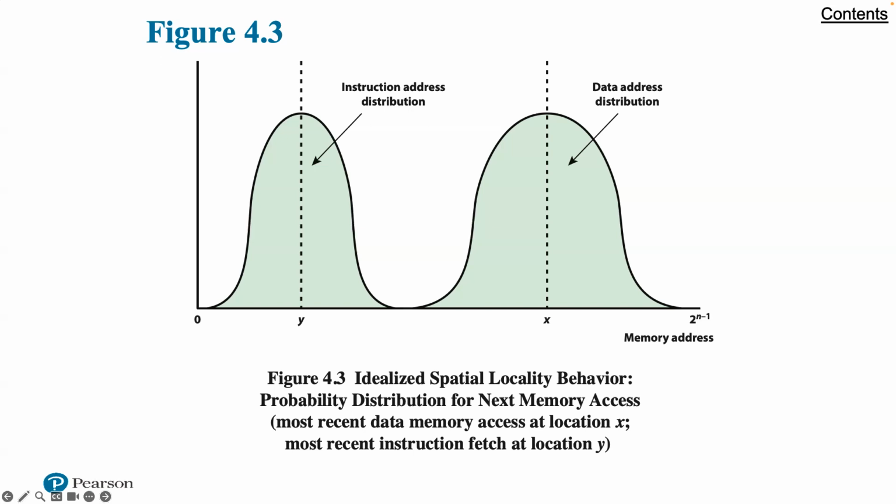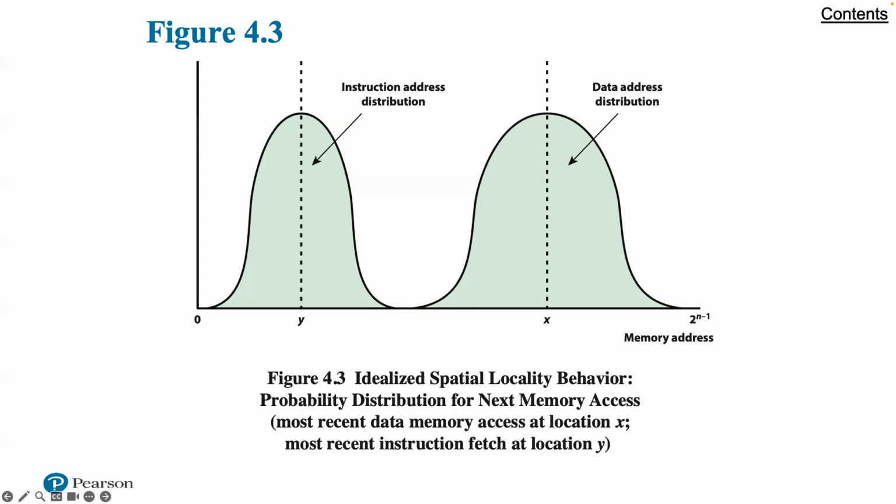Typically, each instruction execution involves fetching the instruction from memory and, during execution, accessing one or more data operands from one or more regions of memory. Thus, there is a dual locality of data spatial locality and instruction spatial locality.